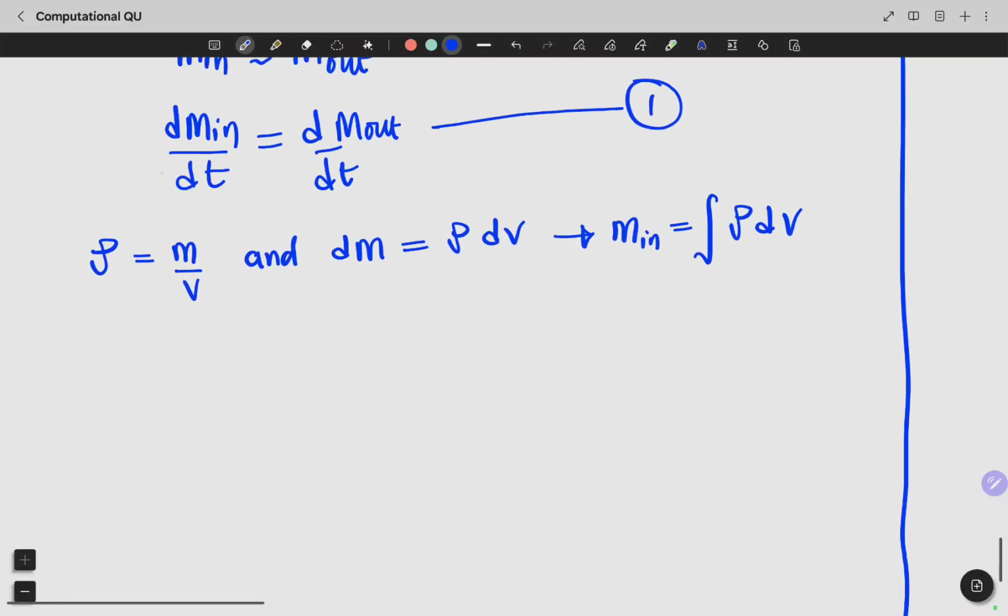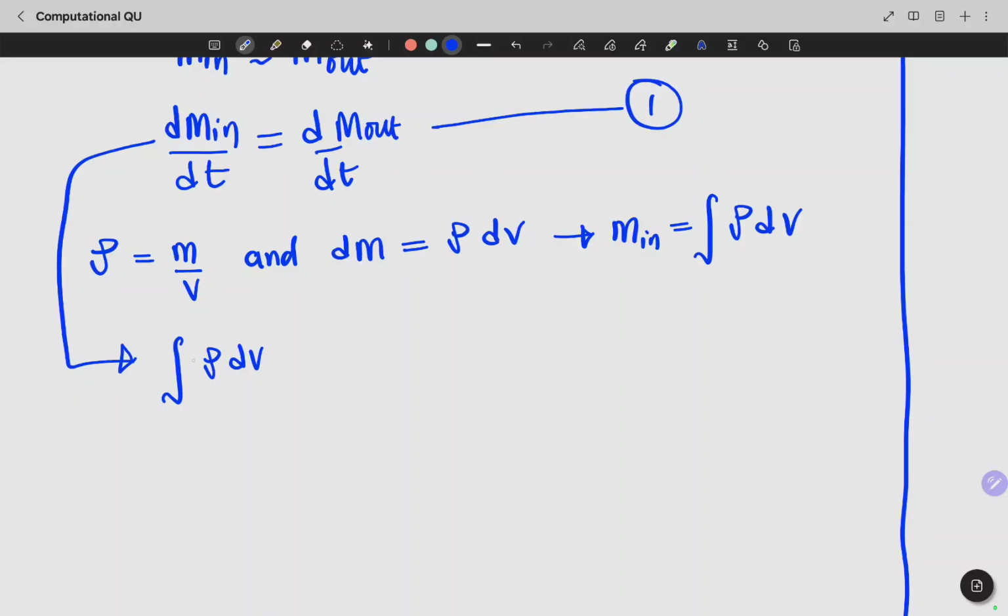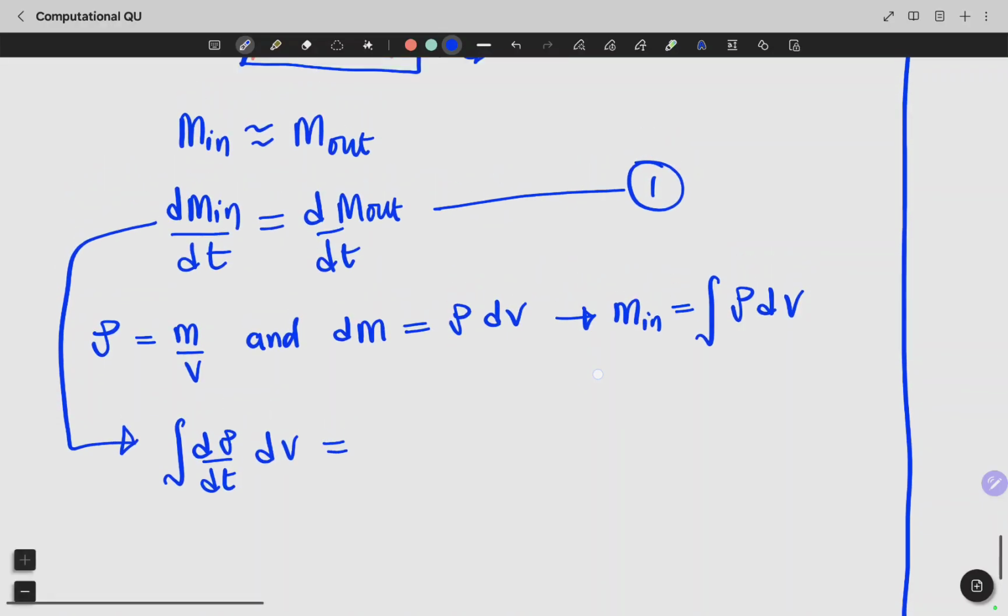Then you can write this as the integral of rho dV. You can put d by dt here, or you can put it inside, depending on how you want it. So d rho by dt dV equals the one that is going out.